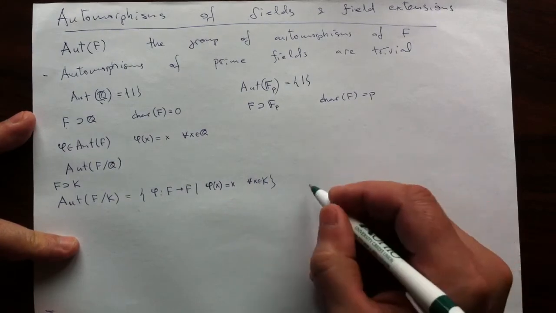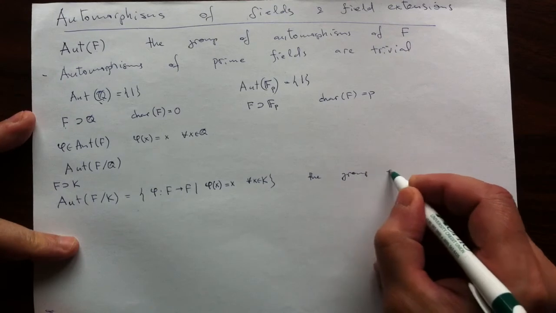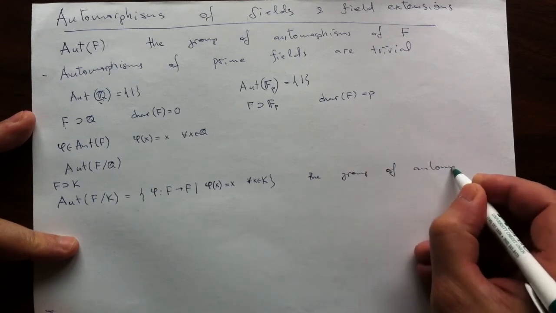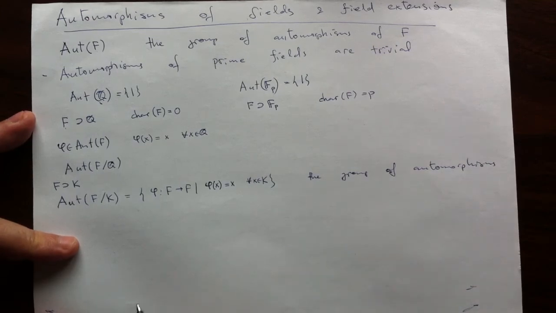So that is the automorphism group of the extension.